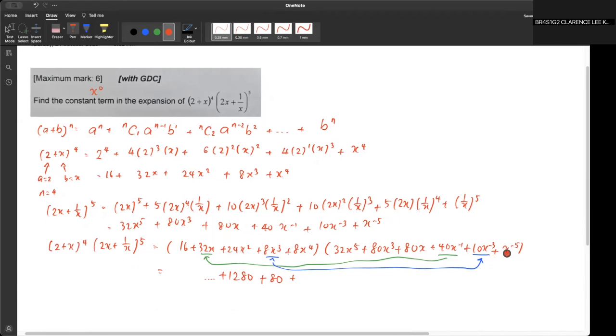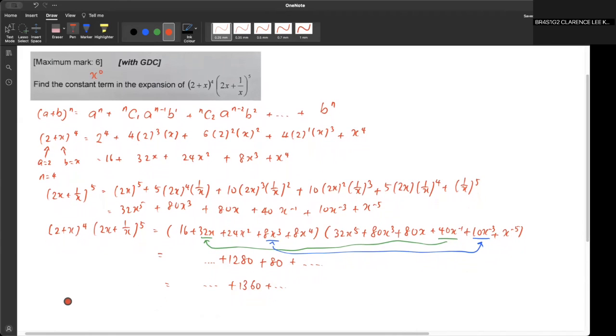So we can ignore this. And we put dots for other terms. So adding up 1280 and 80 will give us 1360. So that's the constant term. Okay, so we write down: constant term is equal to 1360.